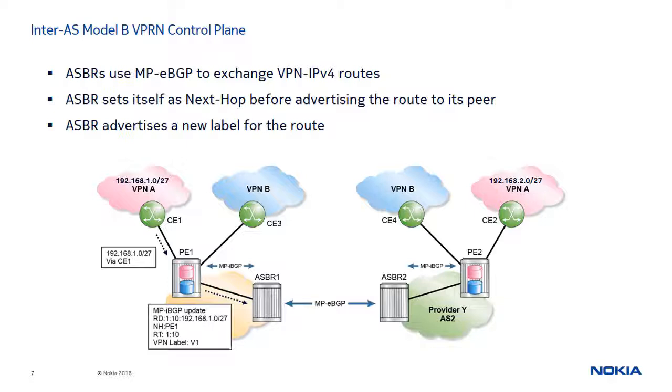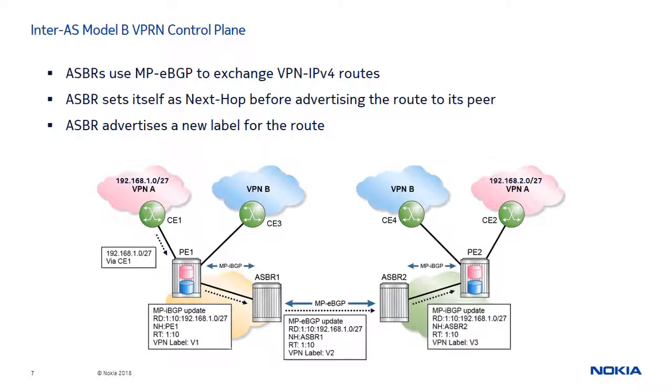ASBR1 accepts the VPN IPv4 route and sets itself as the next hop because it is propagating the route outside its own AS. ASBR1 also assigns a new VPN label v2 and sends the VPN IPv4 route to ASBR2 via MP eBGP.